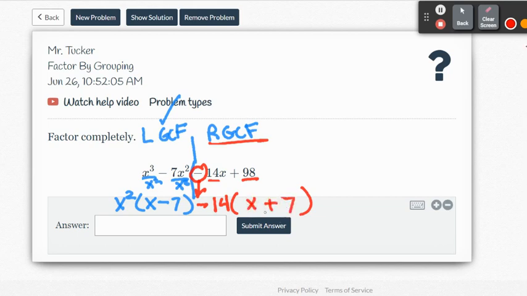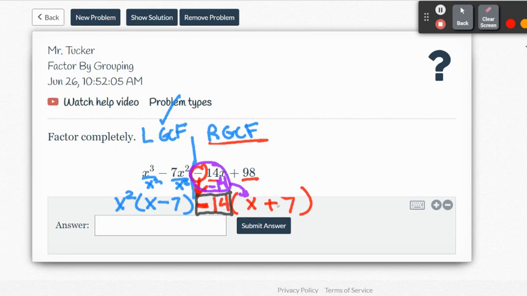And that's wrong. The reason it's wrong is because you can't just pull down the negative 14; you need to intentionally call your GCF negative 14. And if I'm intentional about that being my GCF, I need to divide each term by negative 14. If I divide negative 14x by negative 14, I do get a positive x, so that part would have been okay.